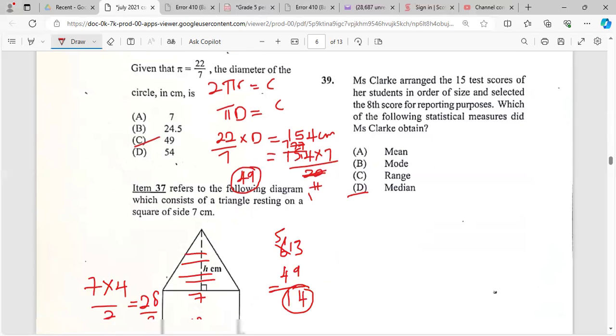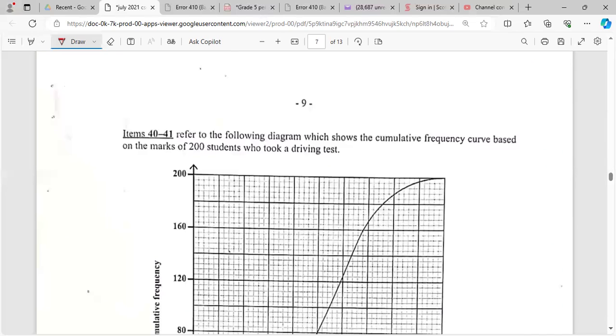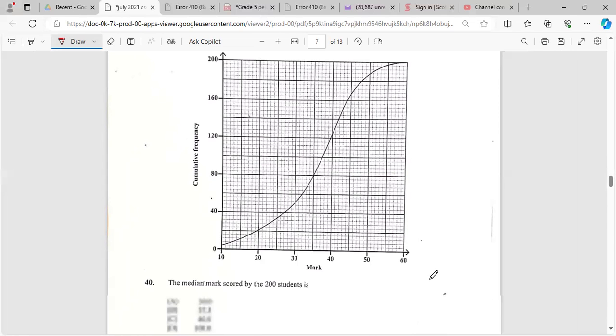Alright, the last one now, and then we end. Item for the following diagram shows a cumulative frequency curve of the 200 marks. So where are the marks? Yeah, these are the marks. The median score by the 200 students is, so median should be the middle number, the median mark.